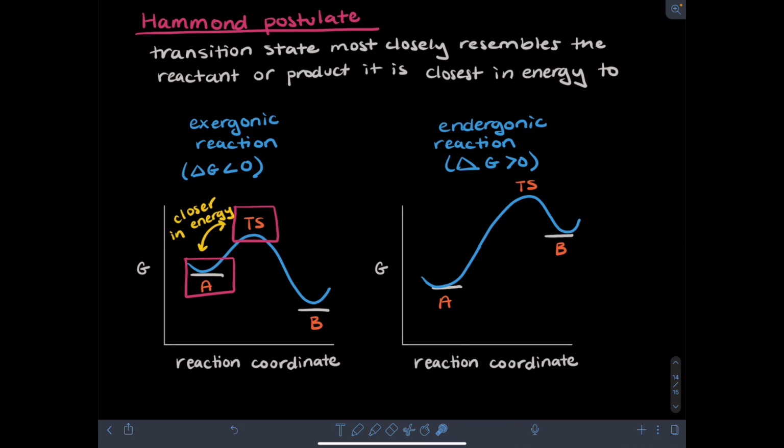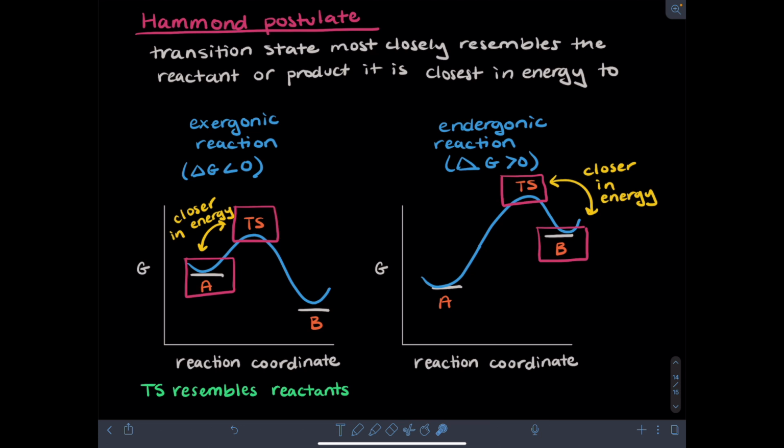What you want to look for with the Hammond postulate is which is the transition state closer to, the reactant or the product. For the exergonic reaction, notice that the transition state is closer in energy to reactant A than it is in energy to product B. By the Hammond postulate, because the transition state is closer in energy to the reactants, it will resemble the reactants more.